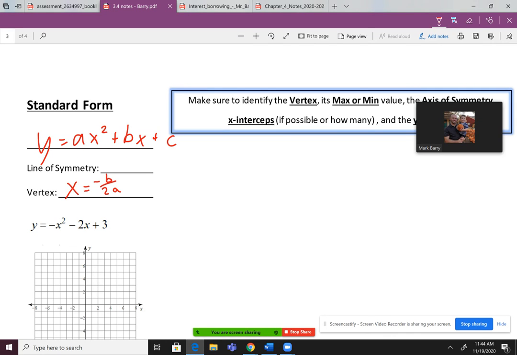It's a short formula, but it is a formula nonetheless. And then you're going to have to take that and plug it in to find y. So whatever you get for x using that formula, we're going to plug it in to find y.